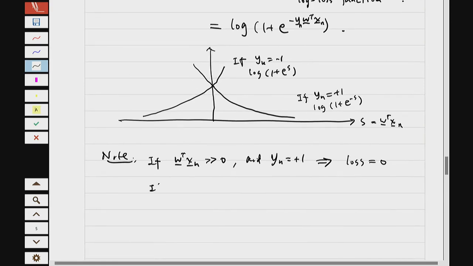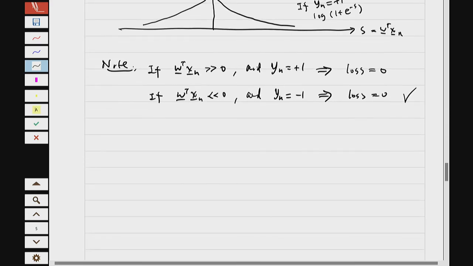And on the other hand, if this thing is much less than 0, on the very negative side, and it also happens that y_n is minus 1, the loss should also be 0. And that's exactly what we observe from those curves. Both sides, asymptotically they're 0. So this is good, at least for the extreme cases. We're doing well.